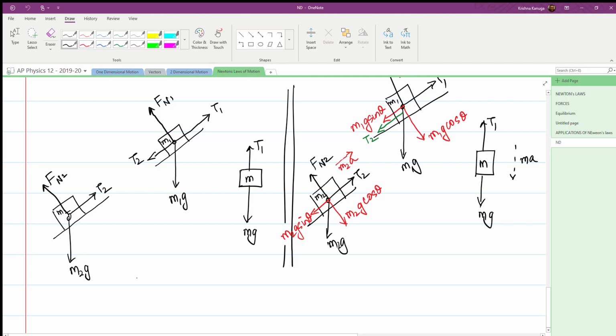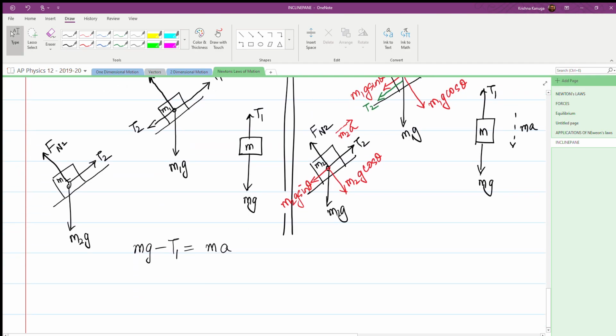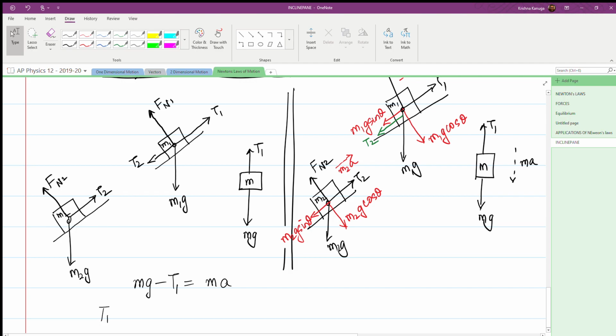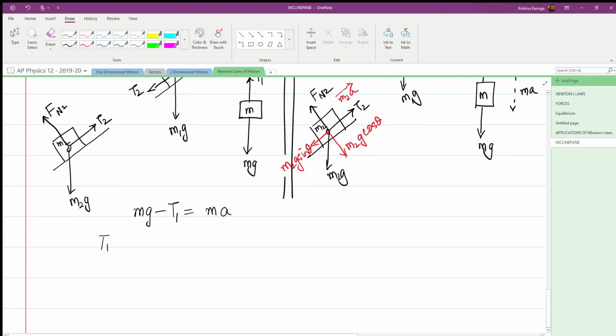For block M, we have mg minus T1 equals MA. For block M1, we have a bunch of things to worry about. We have T1 pulling it up, M1G sine theta pulling it down, and also T2 pulling it down. So we'll write it as T1 minus M1G sine theta minus T2 equals M1A.